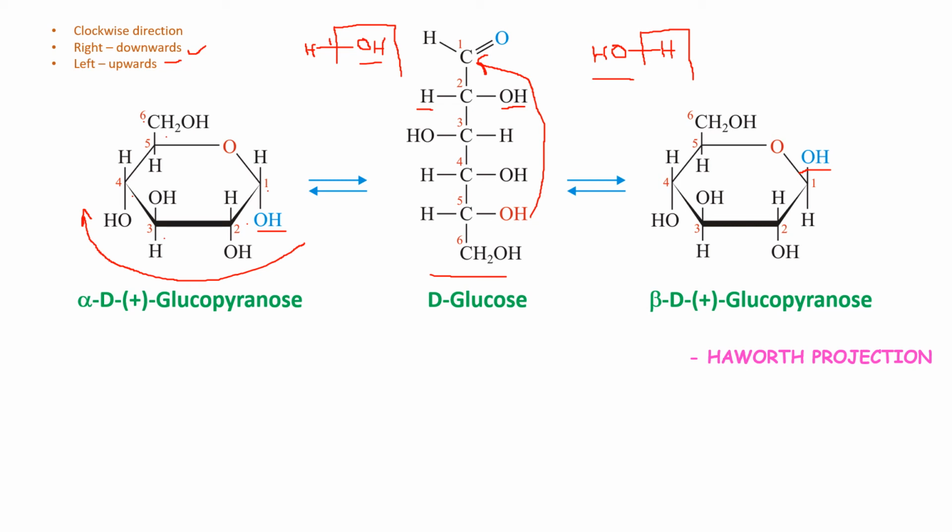Hence in 3D, when the OH at carbon 1 is in the downward position, it gets the alpha configuration. And in 3D, when the OH group present on carbon 1 comes at the upward position, it gets the beta configuration.